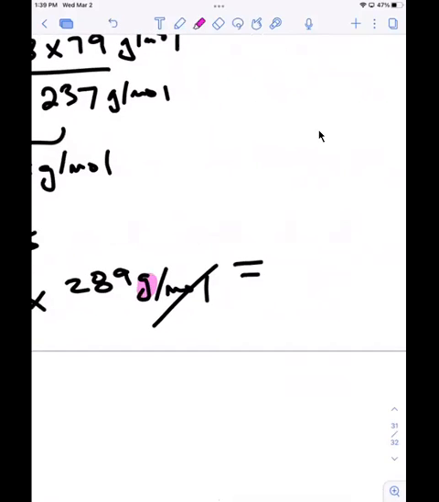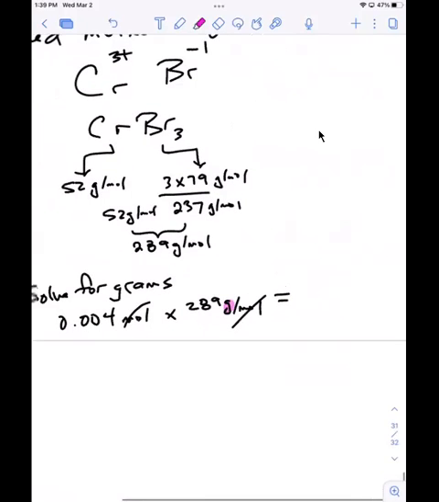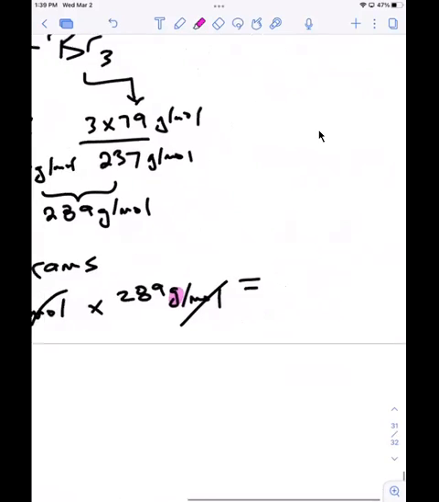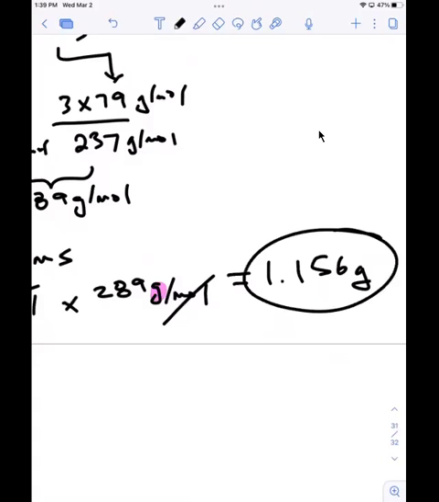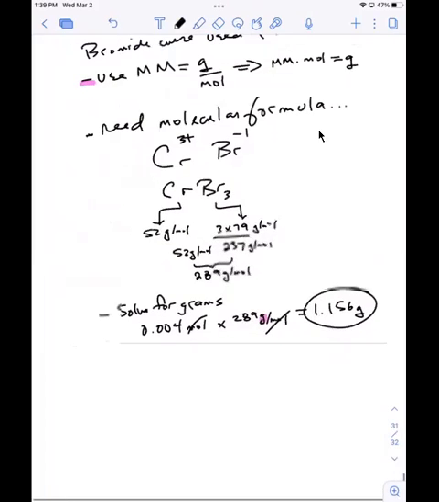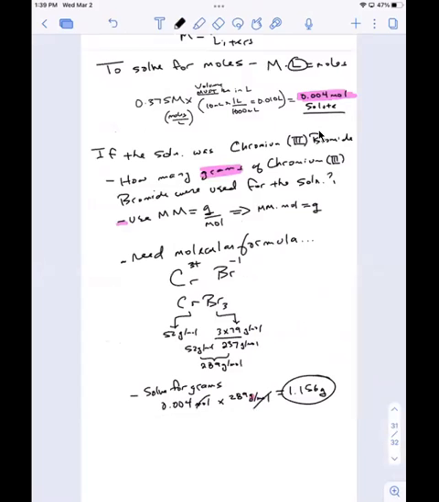Somebody hit that real quick for me, that calculation. What is the 289 multiplied by, sir? The number of moles we calculated initially, 0.004. It's 1.156. 1.156 grams.